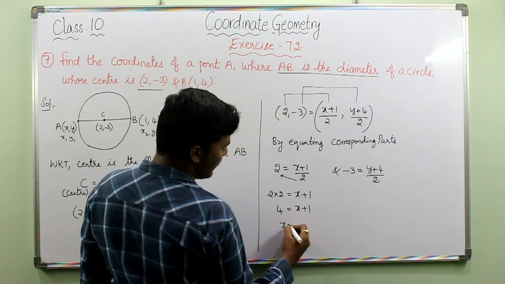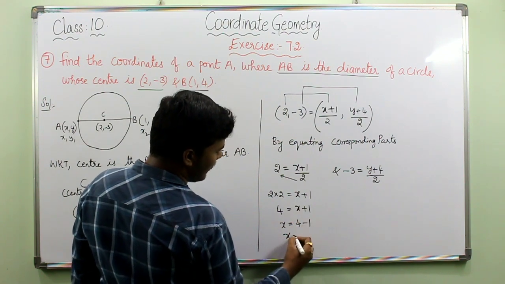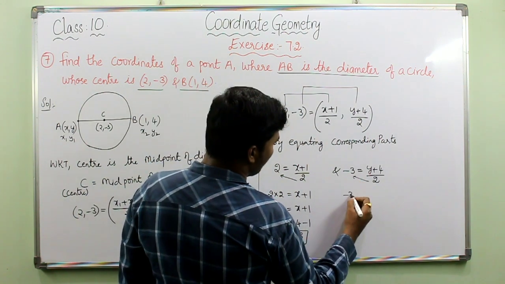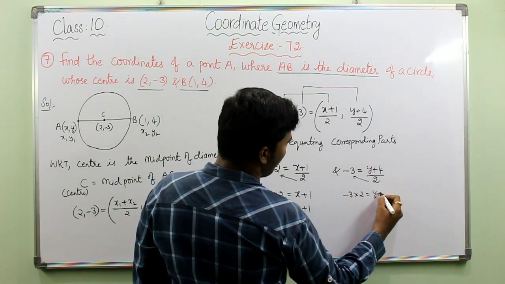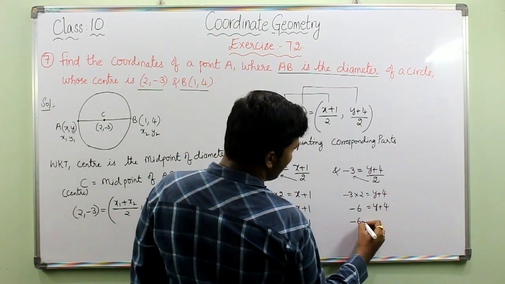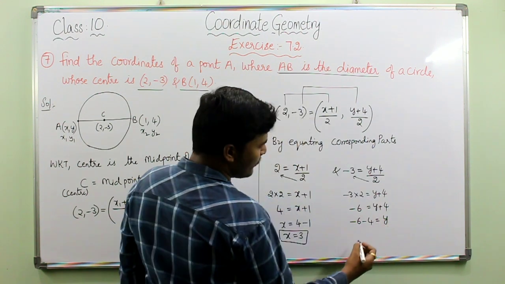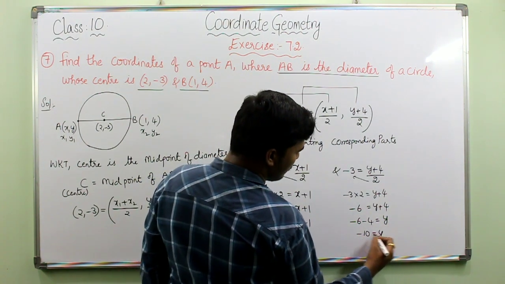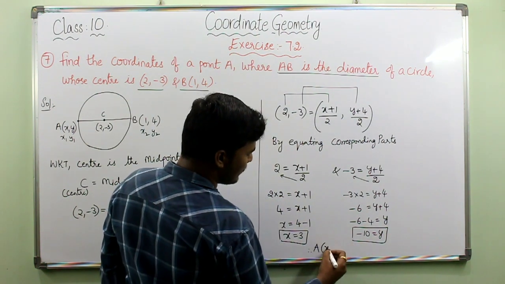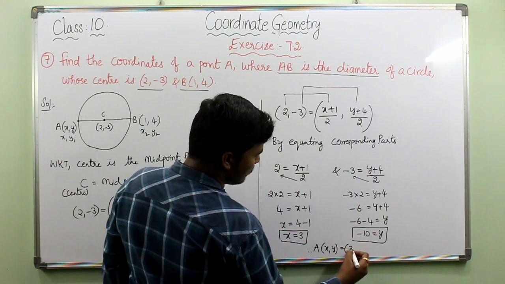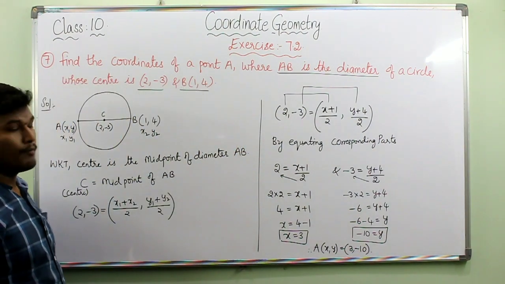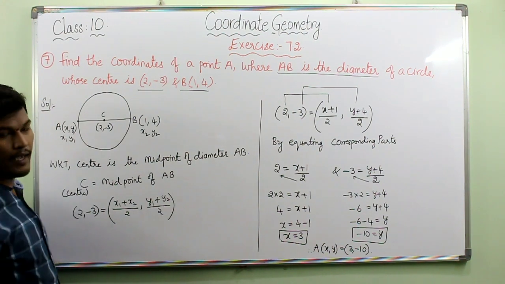From that, x is equal to 4 minus 1, x is equal to 3. Similarly, if I shift it here, it becomes minus 3 into 2 is equal to y plus 4, minus 6 is equal to y plus 4, minus 6 minus 4 is equal to y, that is y is equal to minus 10. So therefore the point A, that is (x, y), is equal to (3, minus 10). This is the coordinates of the point A.